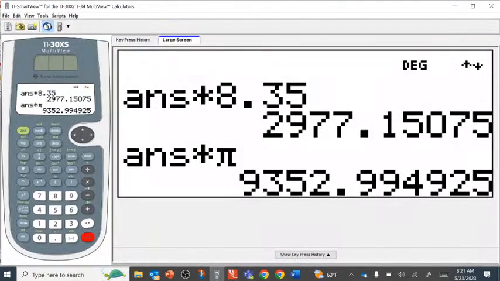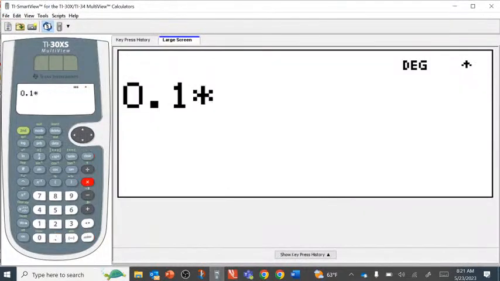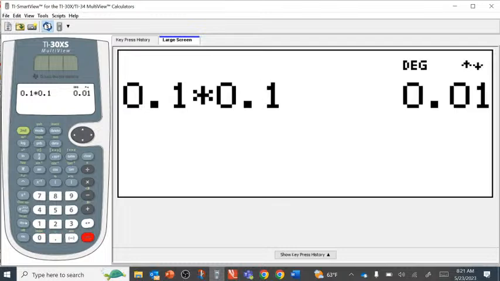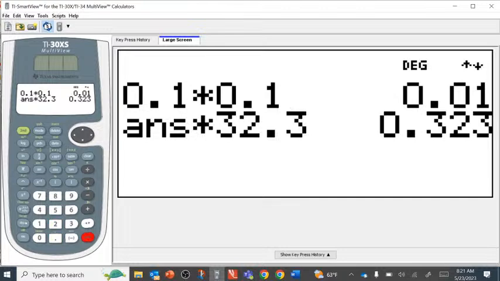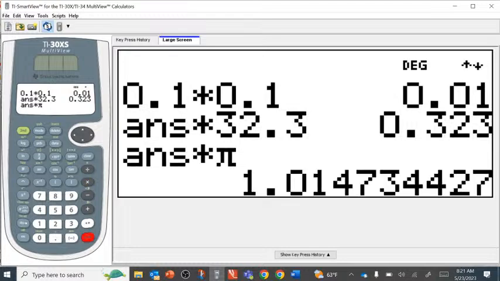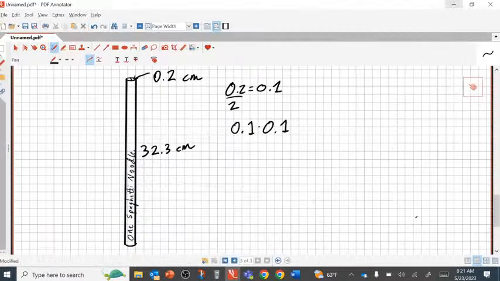I better get my calculator out. 0.1 times 0.1, 0.01. Times 32.3, 0.323, times pi. 1.01. I agree. It's 1 centimeter cubed. About. It's approximately 1 centimeter cubed.